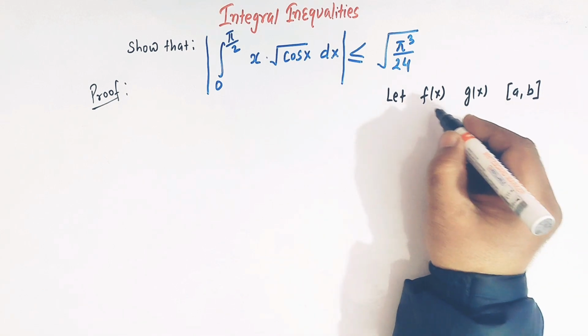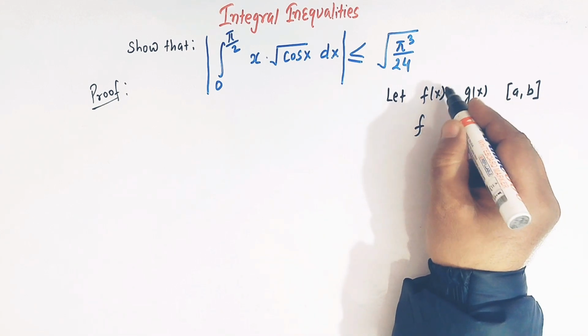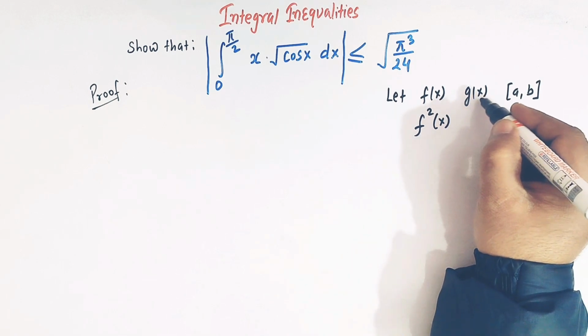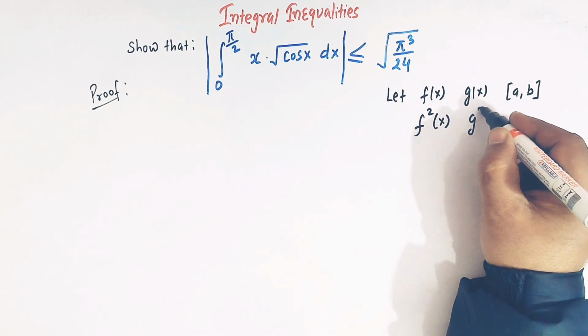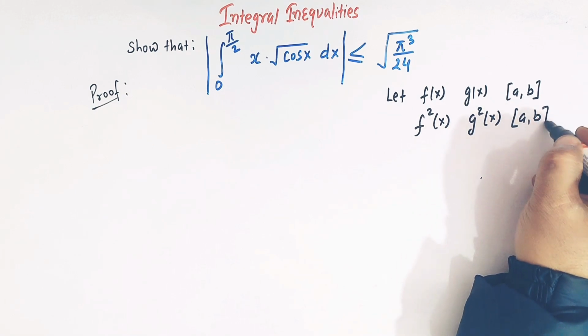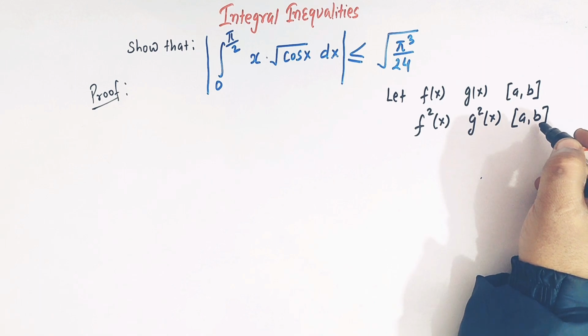Right? So now if the square of this function, that is f square, and the square of this function g of x are both integrable in the same interval, that is a comma b, right?